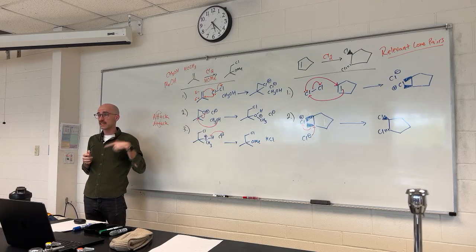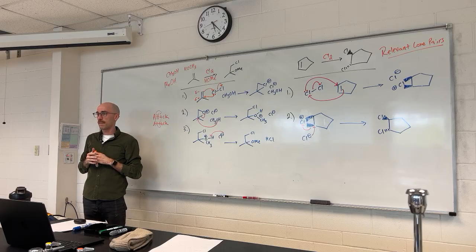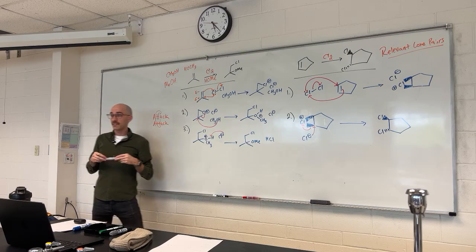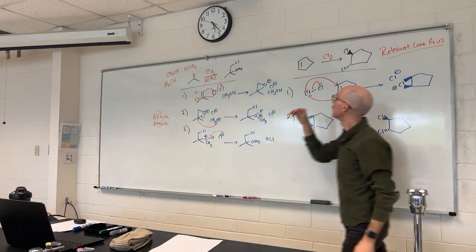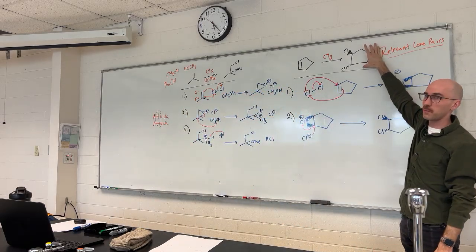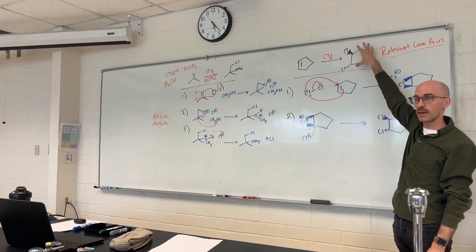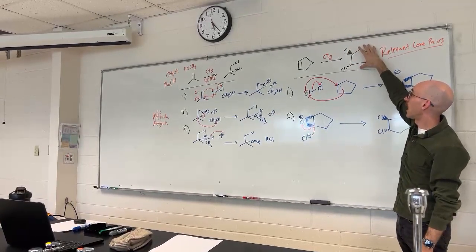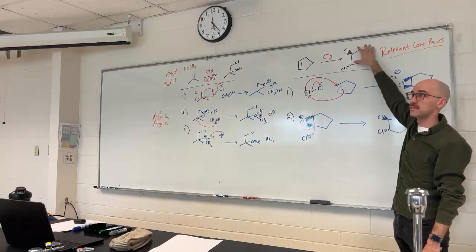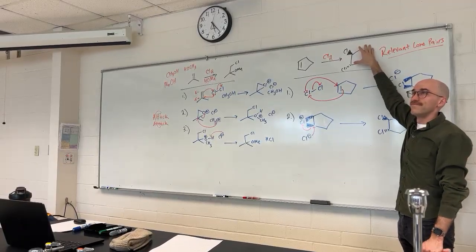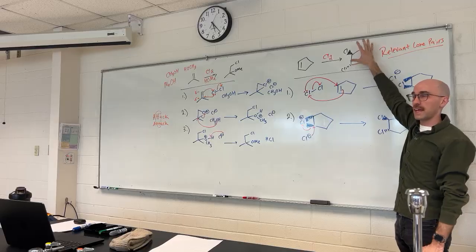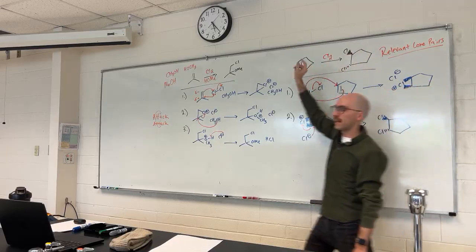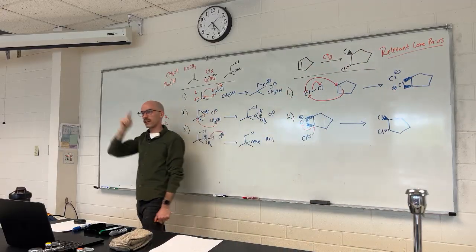Lack of foresight? On a ring you have axial versus equatorial. Now those don't show up quite as much on cyclopentane. They show up more relevant on cyclohexane. But I think actually we could say that is relevant, but not exactly why we showed it there and not here.